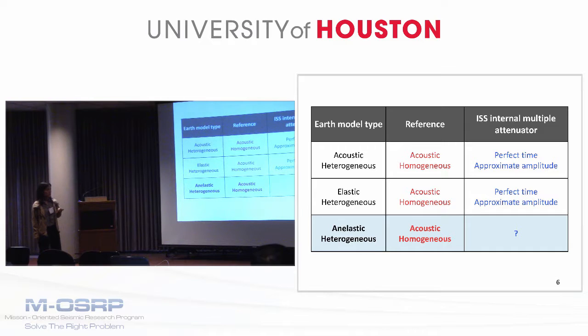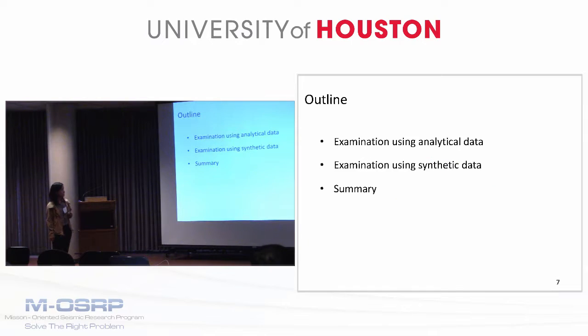The interest of this study comes from the reality that you are often in parts of the world where absorption matters, like in the pre-salt in deep water Gulf of Mexico, or in the North Sea or Red Sea, where the Q absorption can be significant. Then you'd like to have some confidence that even in a world with absorption and dispersion, you do not need to specify those properties. This algorithm will retain its effectiveness: exact time and approximate amplitude.